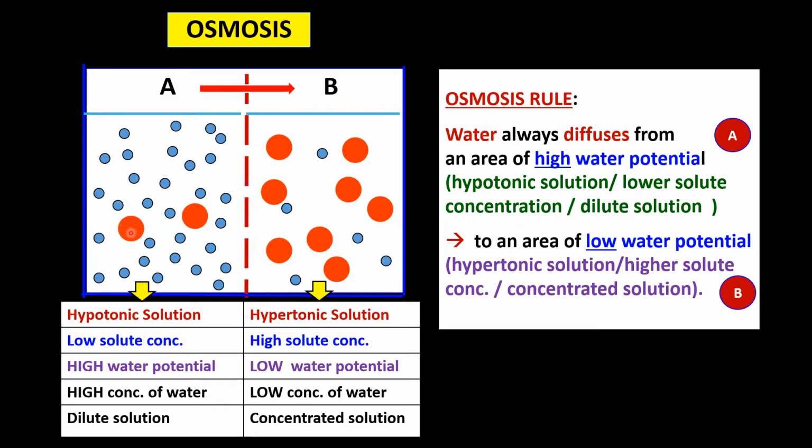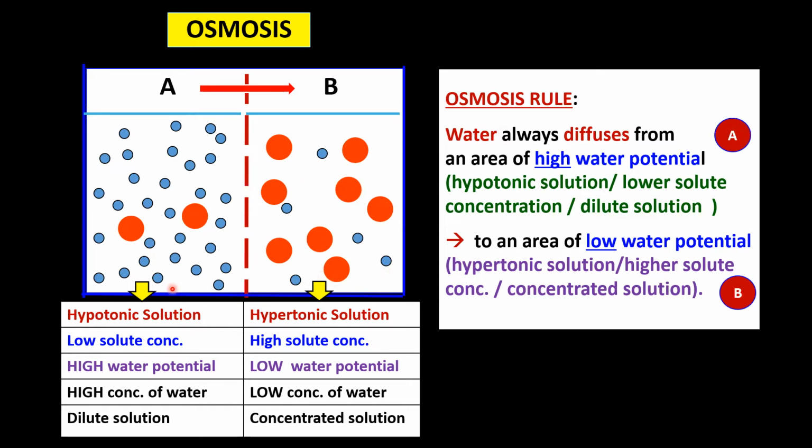For example, these two red molecules are the solutes, right? Solute molecules. It could be sucrose, it could be other substances like salt and all that. So there are only two molecules here, two molecules of the sucrose, whereas on this side, B, there are many more, right?